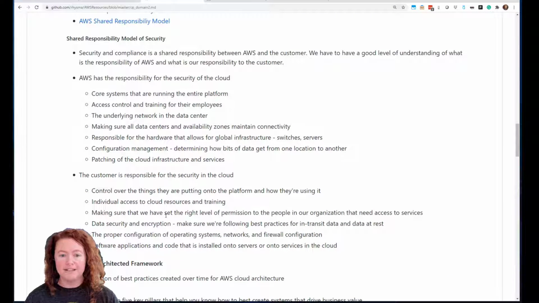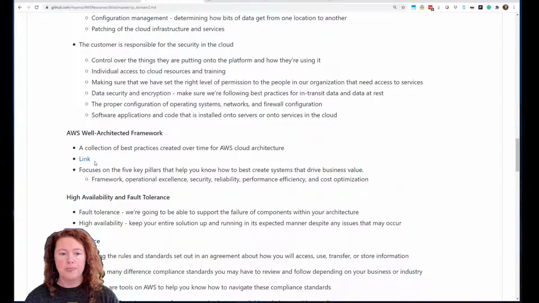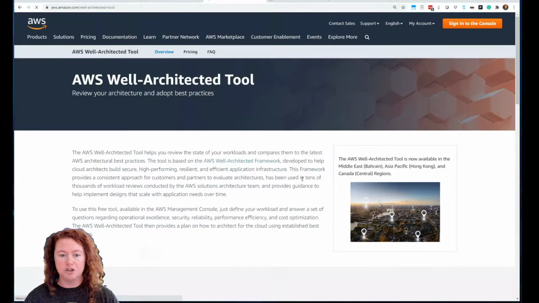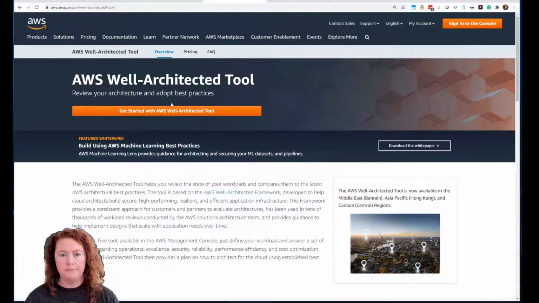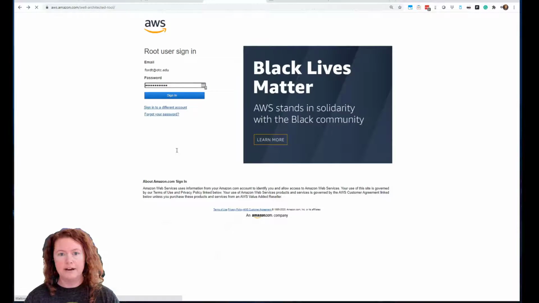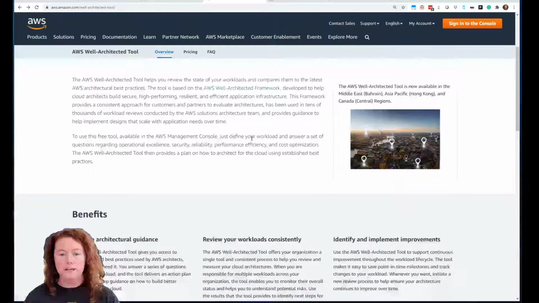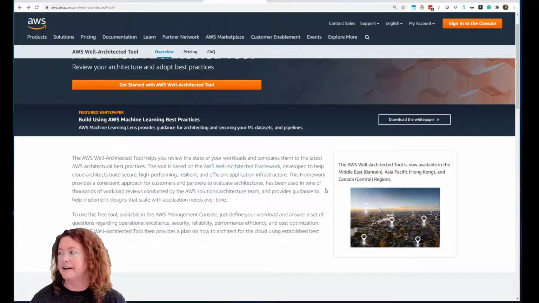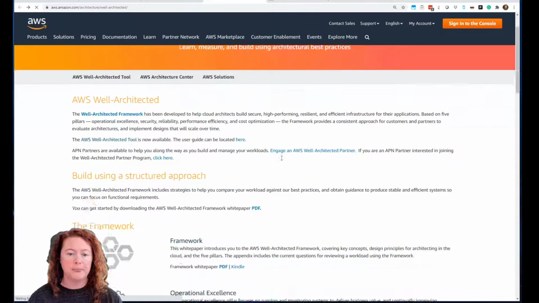But we broke that down on our own, as well as went over this Well-Architected Framework and the 5 pillars. There's also this Well-Architected Tool. I have to go log into it. But you can actually go through and talk about services and things, and then it'll give you some recommendations.